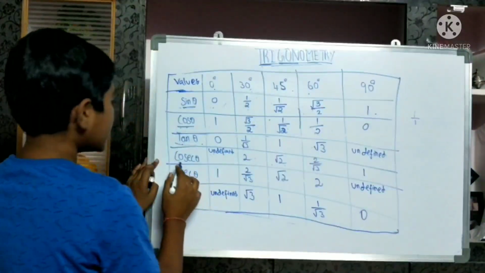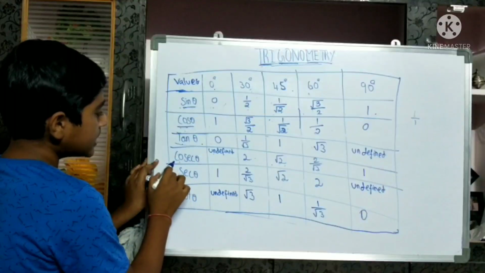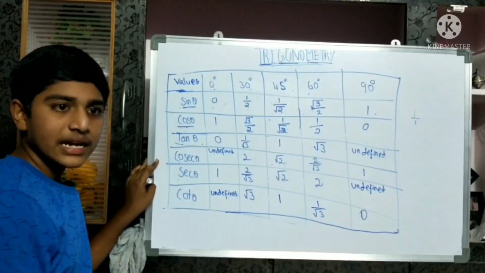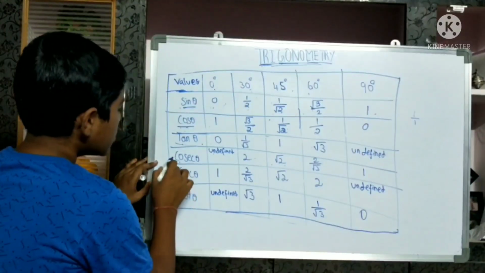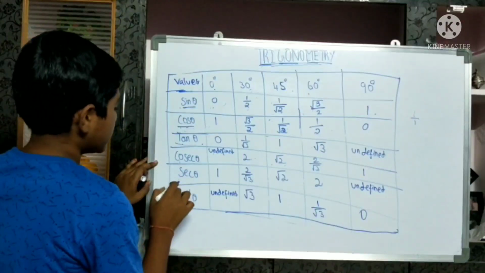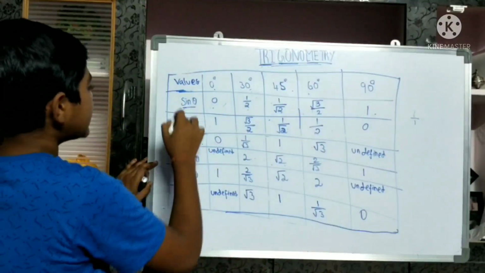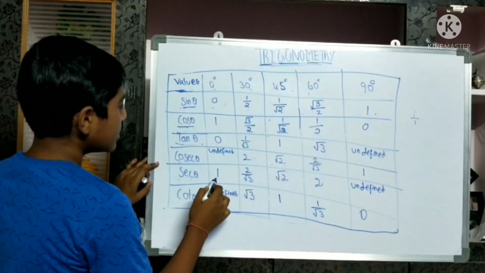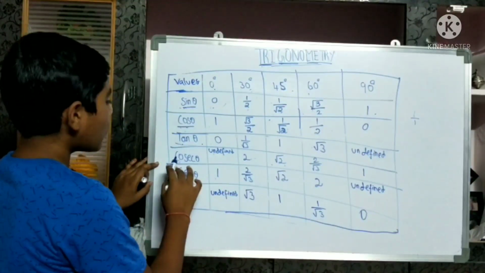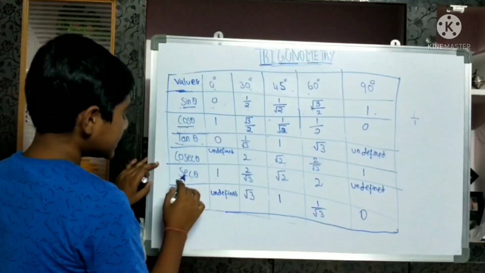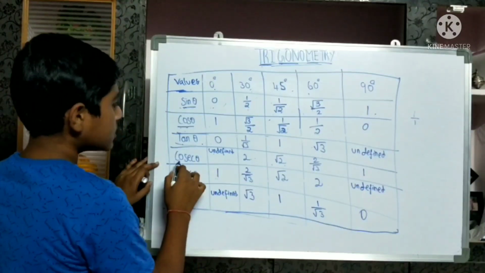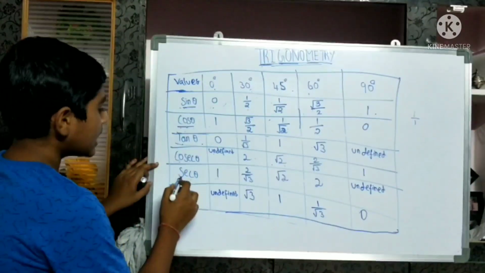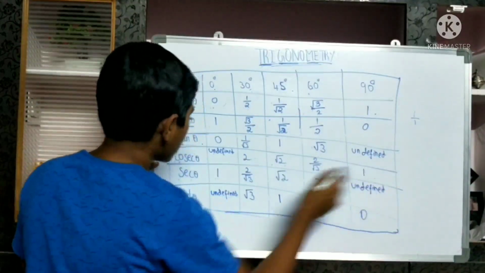Okay. And here, if you observe, cosecant and secant are both co-ratios, like sin and cos. So secant 0 degrees will be cosecant 90 degrees. That means cosecant 90 degrees is 1.